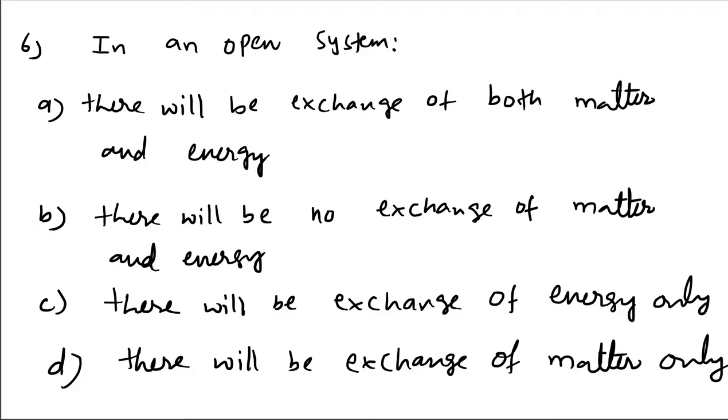Any system that only exchanges heat with its surroundings but doesn't allow any matter exchange is known as a closed system. There is another kind of system which doesn't allow anything, neither matter nor heat. That system is known as an isolated system.